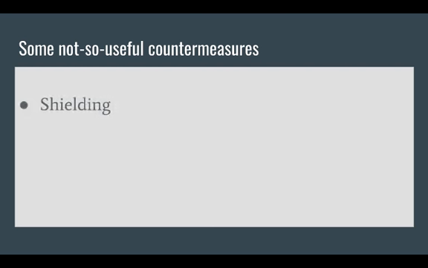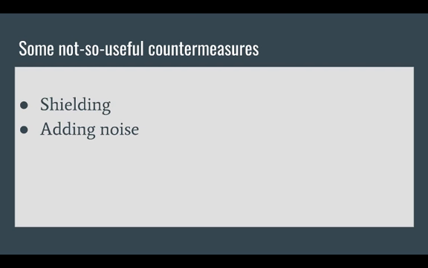One idea is shielding. This has been used on electromagnetic waves. But the sound will still be audible, so this won't help. What about adding noise? It might seem like a good idea, but since the sound is very high-pitched, it can't be filtered out.